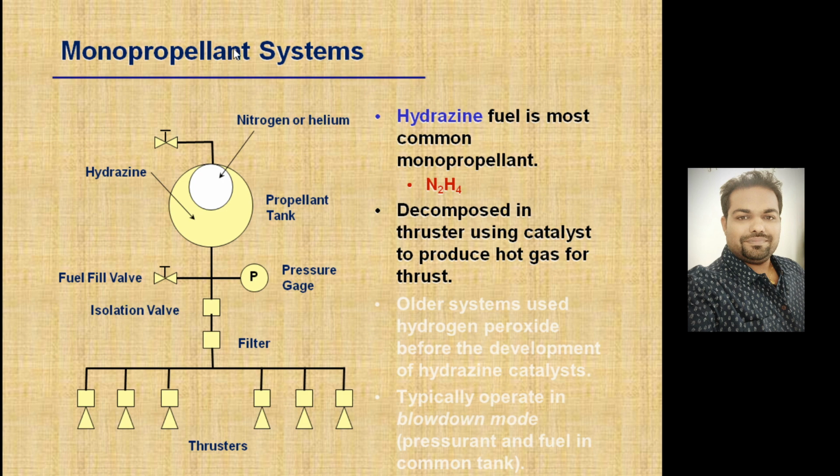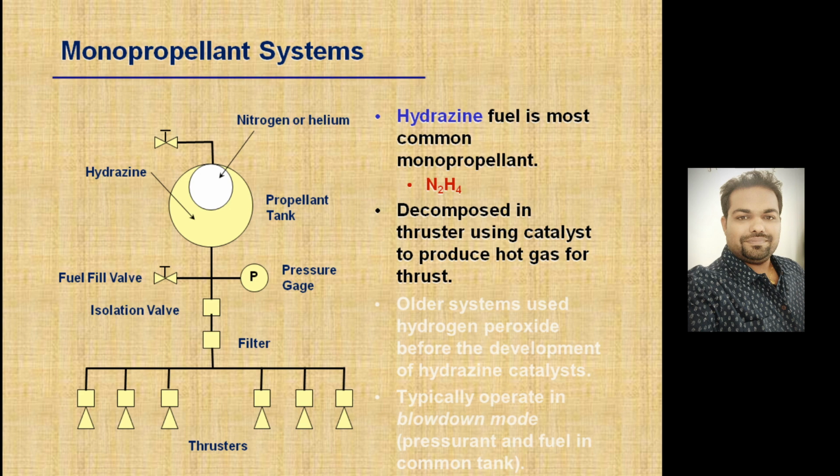So if we look at the monopropellant system, this is a container where we are basically putting only fuel. Nitrogen or helium is filled here, and outside we are keeping the hydrogen. So hydrogen is basically our fuel, and this is your gas which is filled at high pressure. This is called the propellant tank, followed by the pressure gauge, then an isolation valve is needed, and after that a filter, and then immediately after that there will be some number of thrusters through which these hot gases will expel and you will get the thrust.